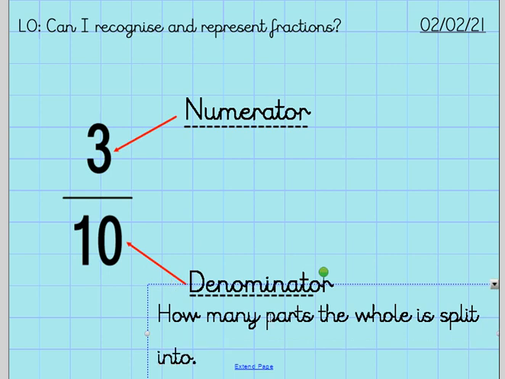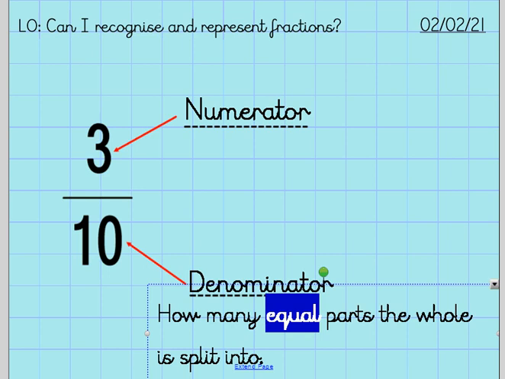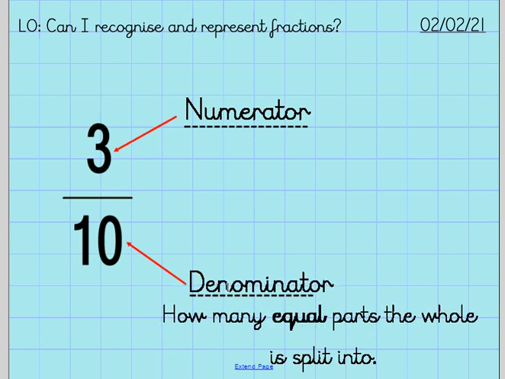We're going to change this to how many equal parts, and that word equal is an absolutely key word. That's really, really important. So the denominator is how many equal parts the whole is split into.